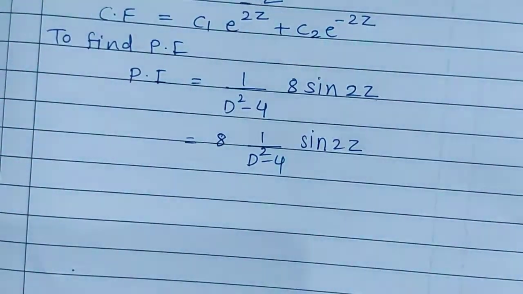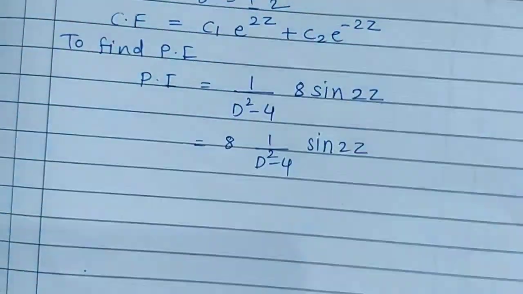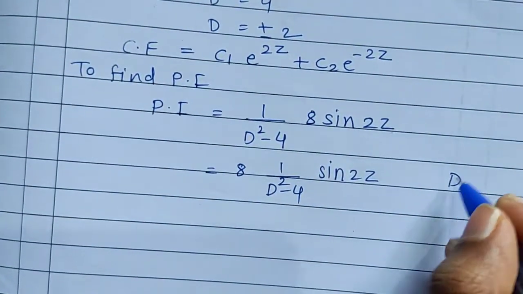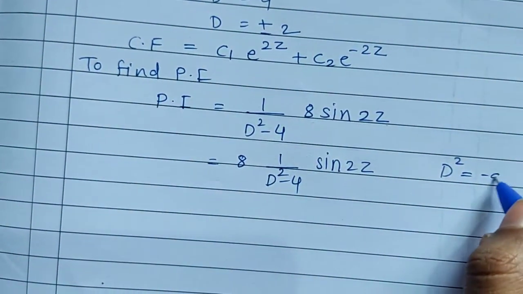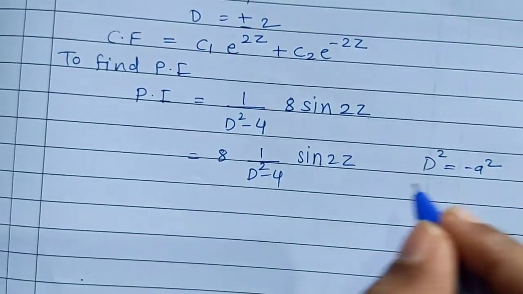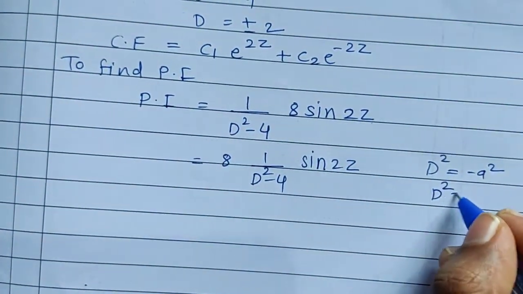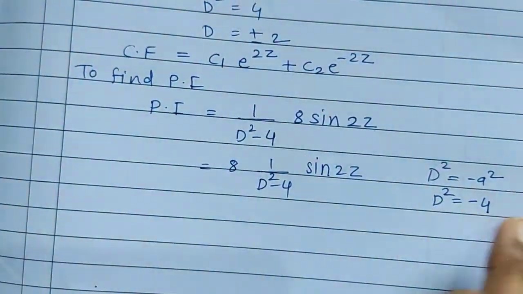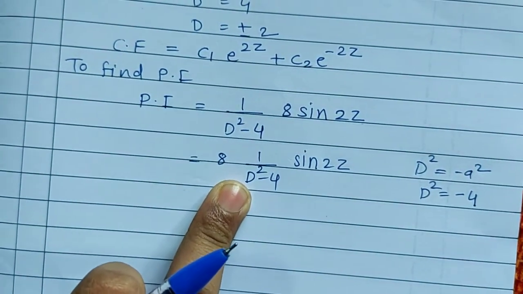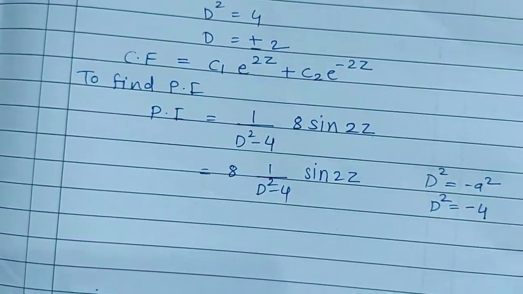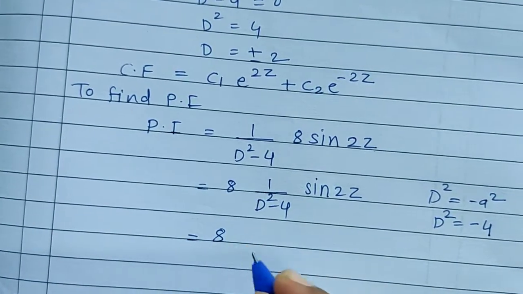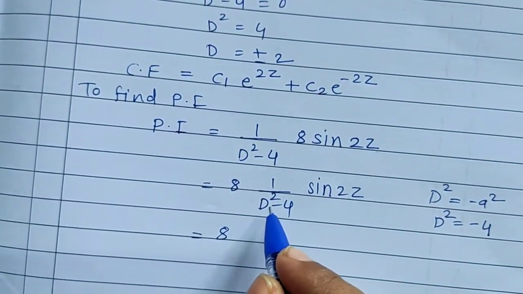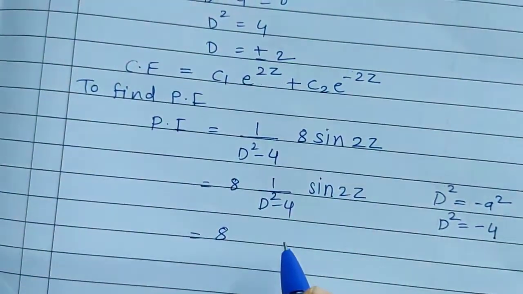Now finding the PI of a trigonometric function, we put d square is equal to minus a square. Here a is 2, so d square is equal to minus 4. If we put d square equal to minus 4 here, the denominator never becomes 0, so we can put d square equal to minus 4. If after putting the value of d square the denominator becomes 0, we use another method.